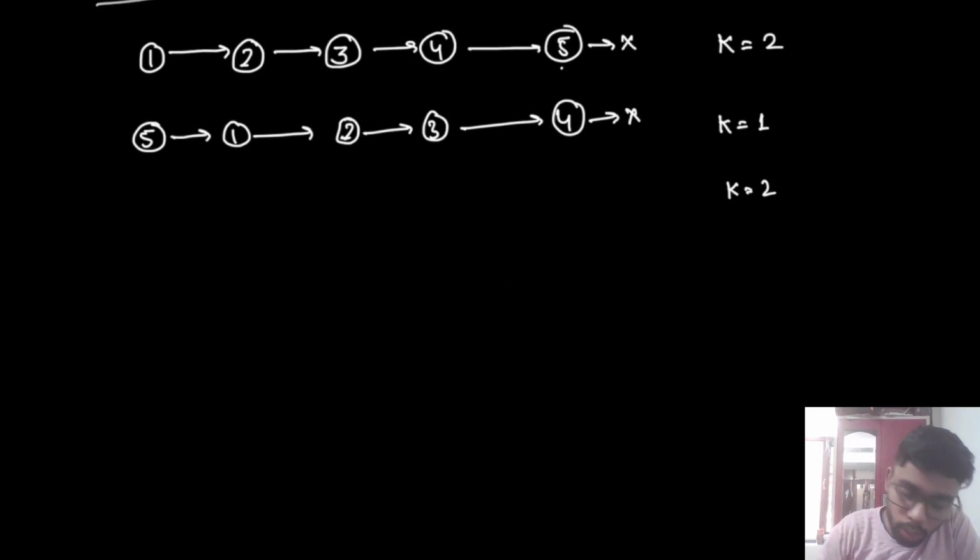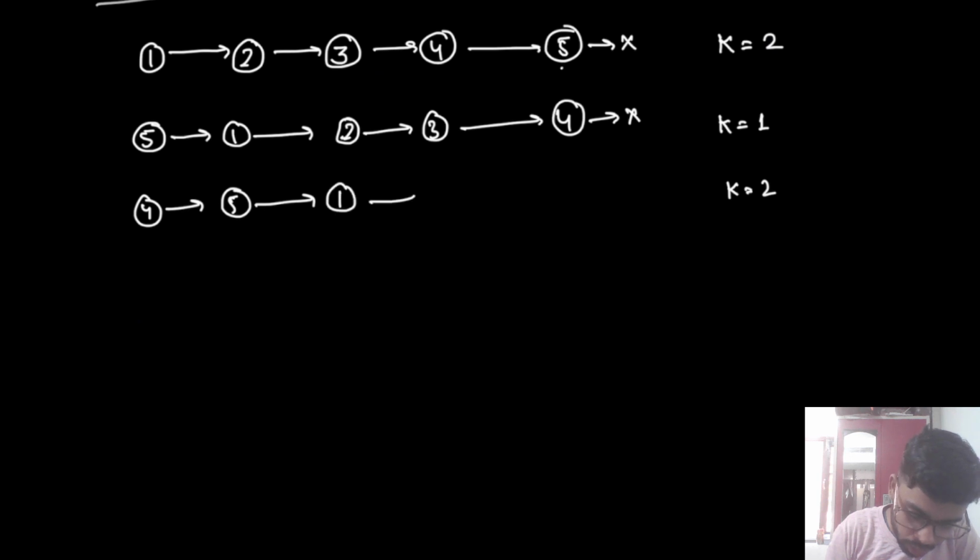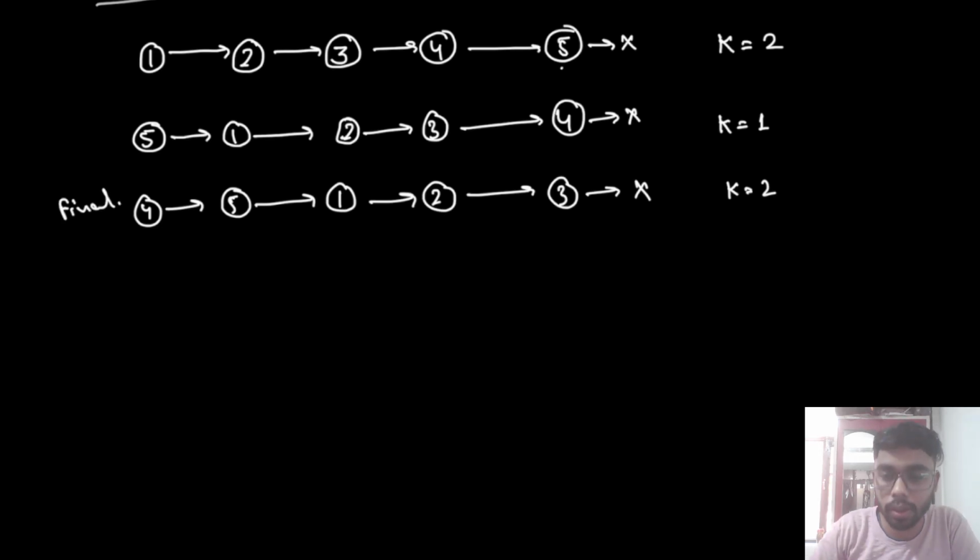Then k equals 2, which is our final answer: 4 will become the head now. 4, then 5, then 1, 2, 3, and this is the final linked list.